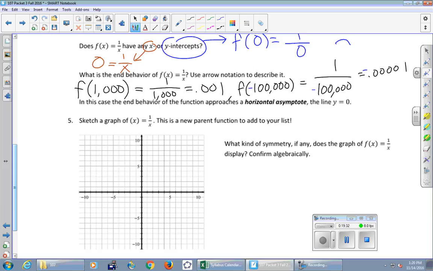So whether you go to the far left or far right, the y values are approaching 0, either way. And so I think it said use arrow notation. So as x goes to infinity, f of x goes to what? 0. And as x goes to minus infinity, f of x goes to 0.